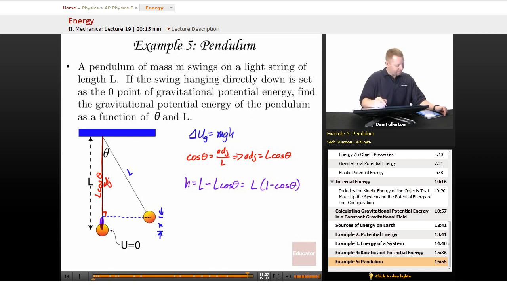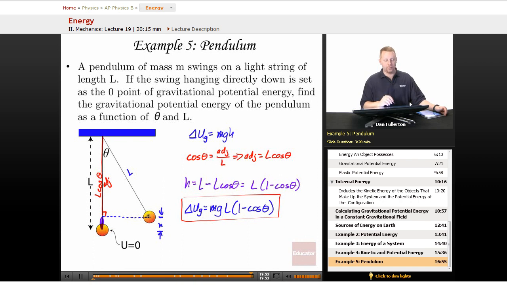Now when I put that back into my formula for gravitational potential energy, UG equals mg, instead of h I'm going to put L times 1 minus the cosine of theta. So there's the gravitational potential energy of our pendulum when it's over here at this point.